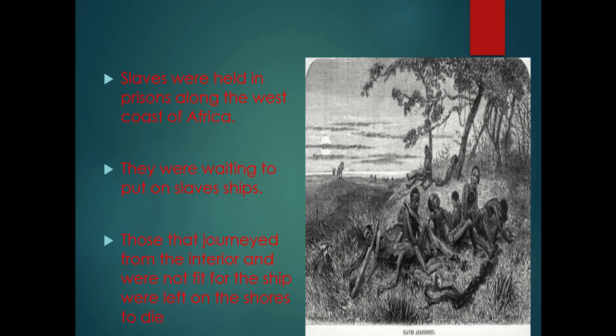All right. Slaves were held in prisons along the west coast of Africa, waiting to be put on slave ships. They were kept in prisons until another ship would come and load them up. Some were not able to be on the ship because they may have gotten sick, because they weren't taking prisoners just from the shores.